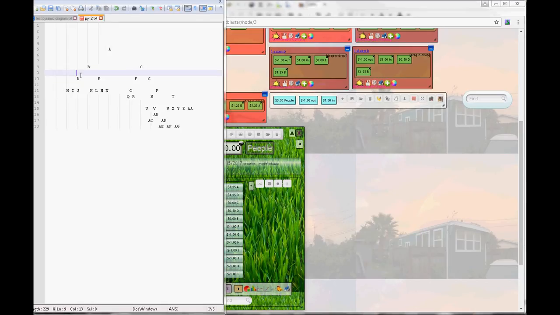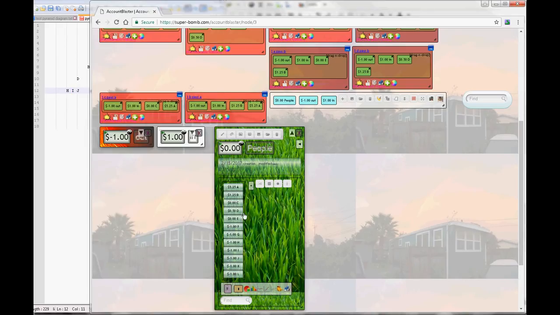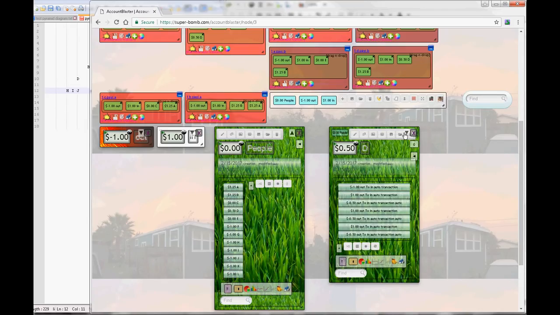D, three children, going to be paying $1 out, getting $3 in, paying 50 cents out three times, right? So D: paid $1 out, got $1, paid 50 cents, got $1, paid 50 cents. Yep, just like I said.